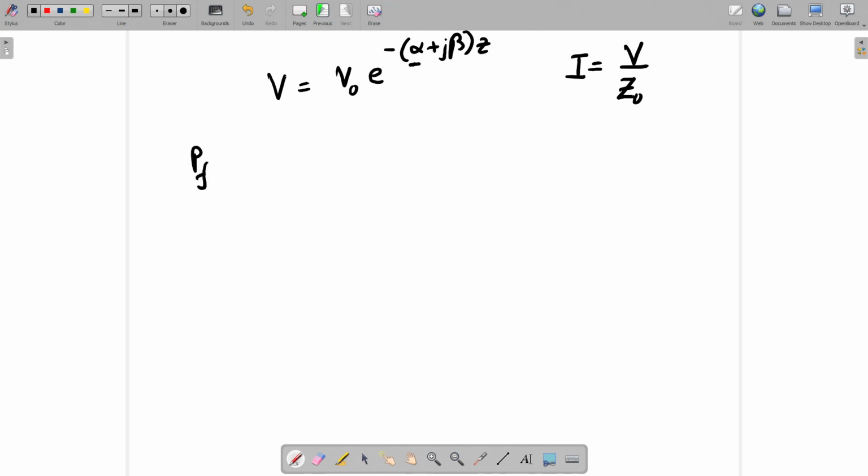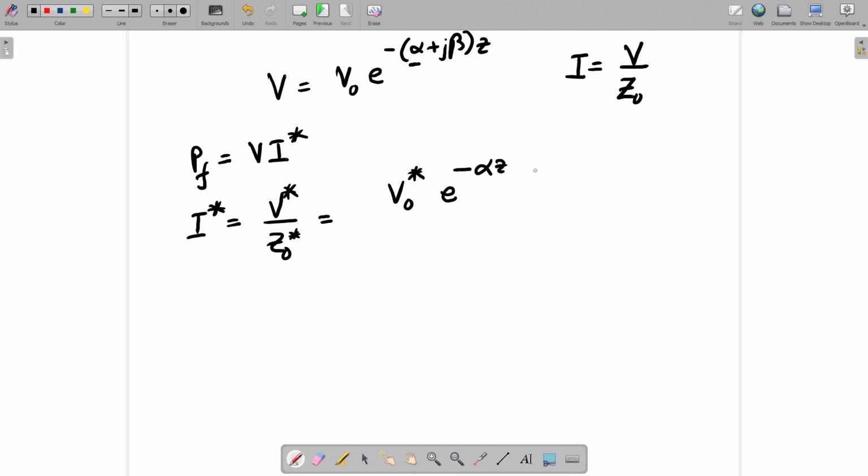So, therefore, the power flow is given by V I star, and substituting for I star from here, I star becomes equal to V star by Z 0 star, that is V 0 star e to the power minus alpha z e to the power j beta z by Z 0 star.